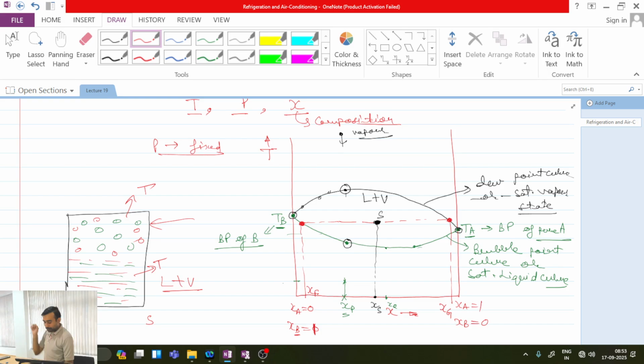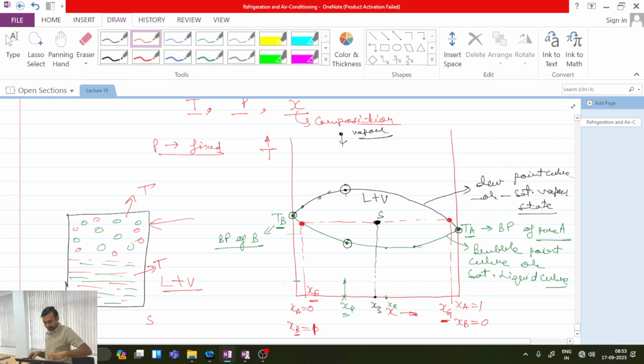That's why for a two-phase mixture, during the boiling and condensation process, the composition of liquid and vapor is not the same. For ensuring thermodynamic equilibrium, the temperature is the same. For the temperature being the same, I have drawn this line, but whatever vapor is there corresponds to the saturated vapor curve having composition Xg, and the liquid corresponds to the saturated liquid state having composition Xf.